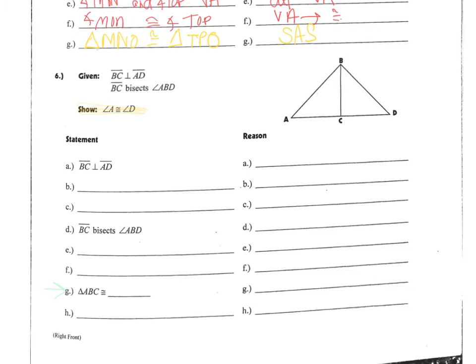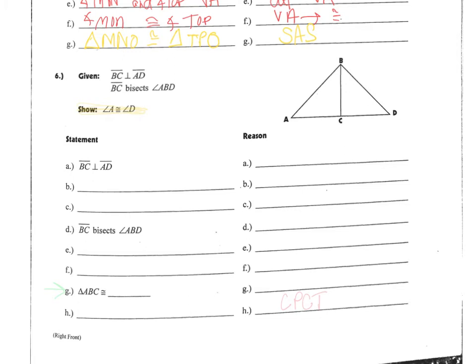Once I get those two triangles congruent, I'm going to be able, by corresponding parts of congruent triangles are congruent, to say that I have angle A congruent to angle D. So I kind of know that up front, but I want to make sure that I can get to that point. So I'm kind of looking ahead.